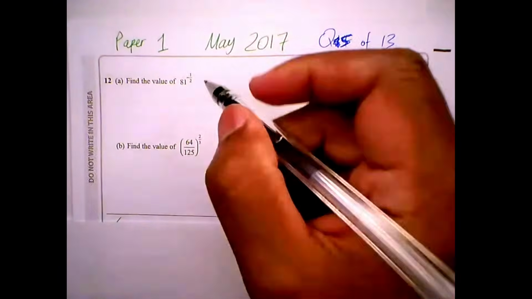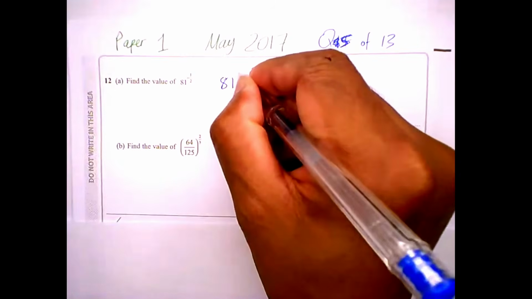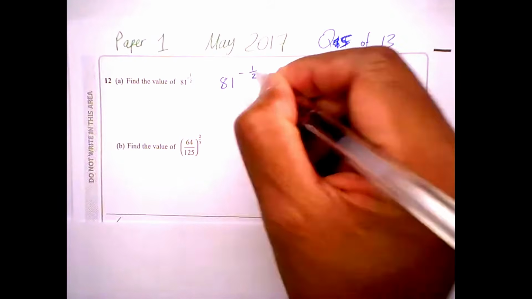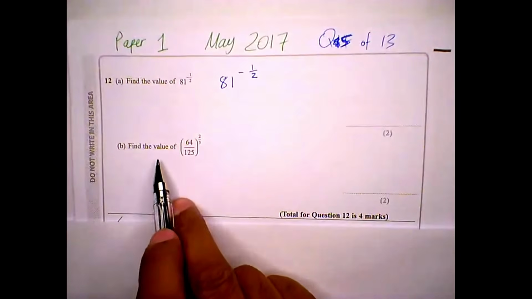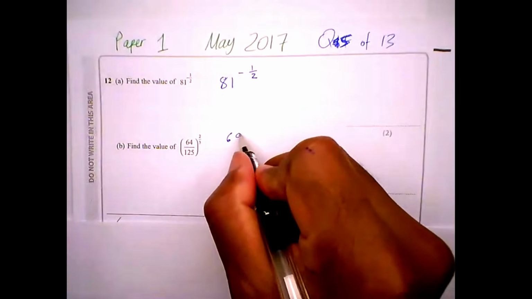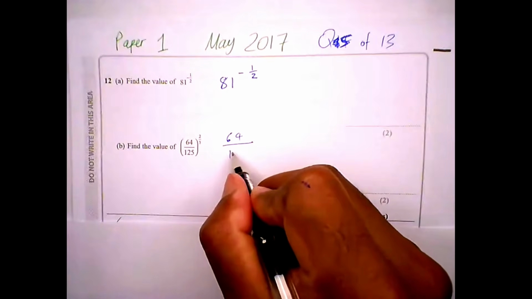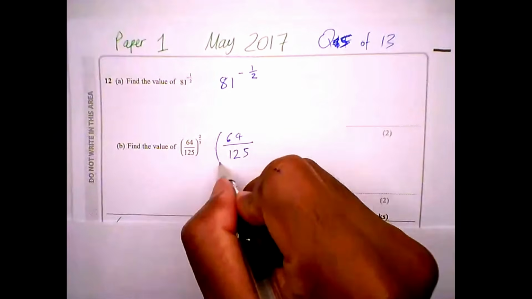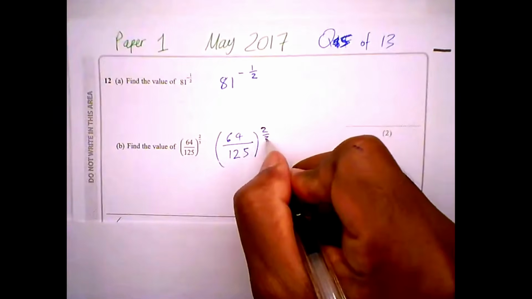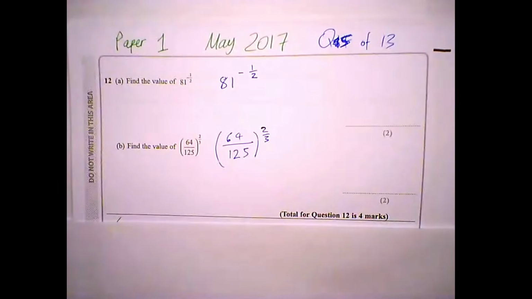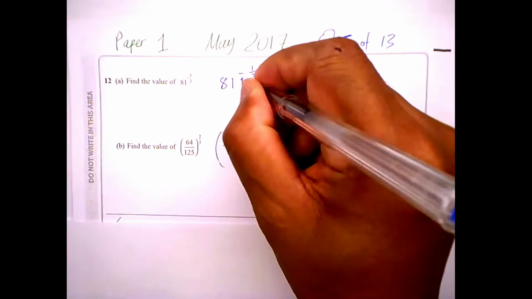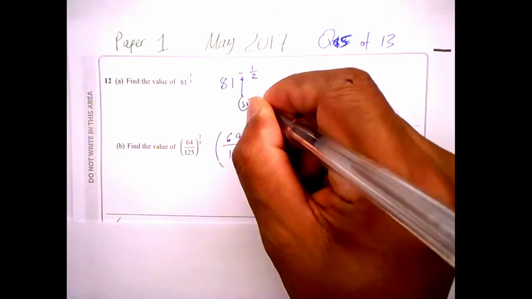Find the value of 81 to the power minus a half. And here, find the value of 64 all over 125 to the power 2 over 3. Okay, so step 1, I have got a negative here.